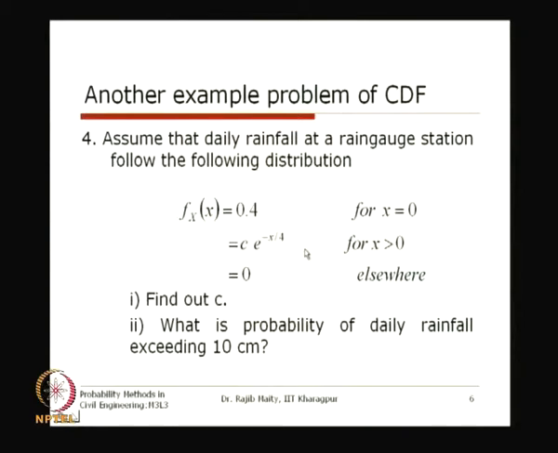Another interesting problem is taken here. This is on daily rainfall at a rain gauge station. Assume that the daily rainfall at a rain gauge station follows the following distribution. Now, if we take the daily rainfall from a particular station, most of the time there will be many zero values, and for some time non-zero values will come.